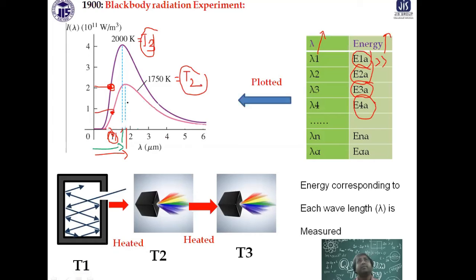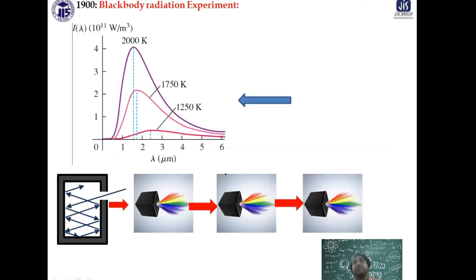So you are reaching lambda maxima a bit more quickly if you raise the temperature. It is a very important observation. The two observations: at a high temperature, the energy emitted is more, and at a high temperature, you reach the maxima more quickly.